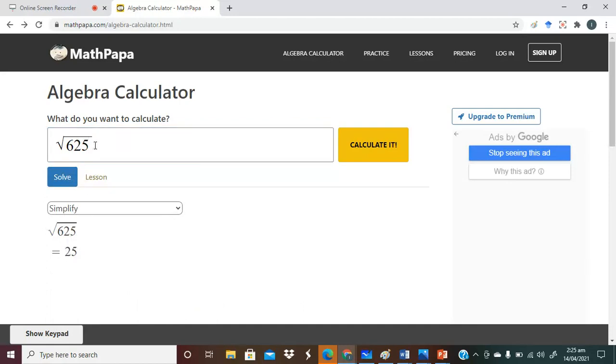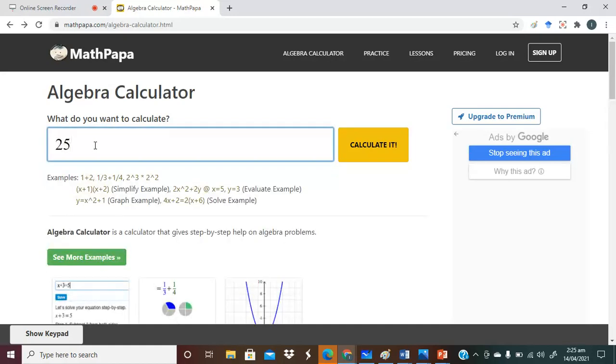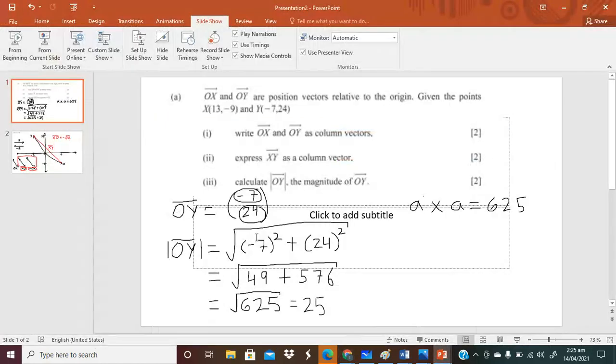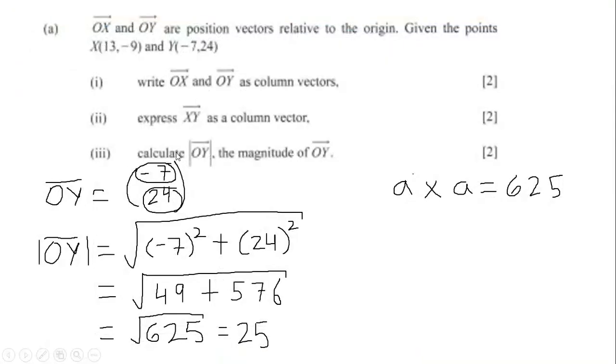So 25 times 25 gives 625. Therefore, the magnitude of OY is 25.